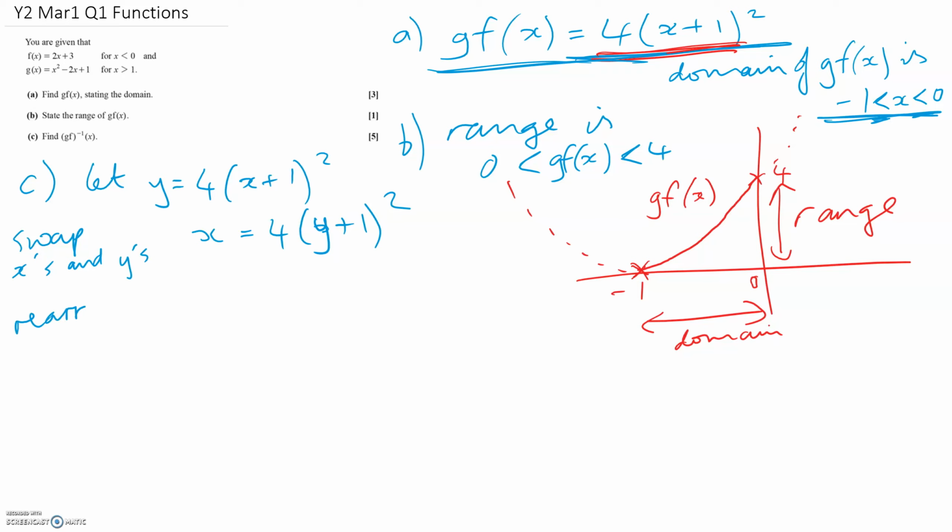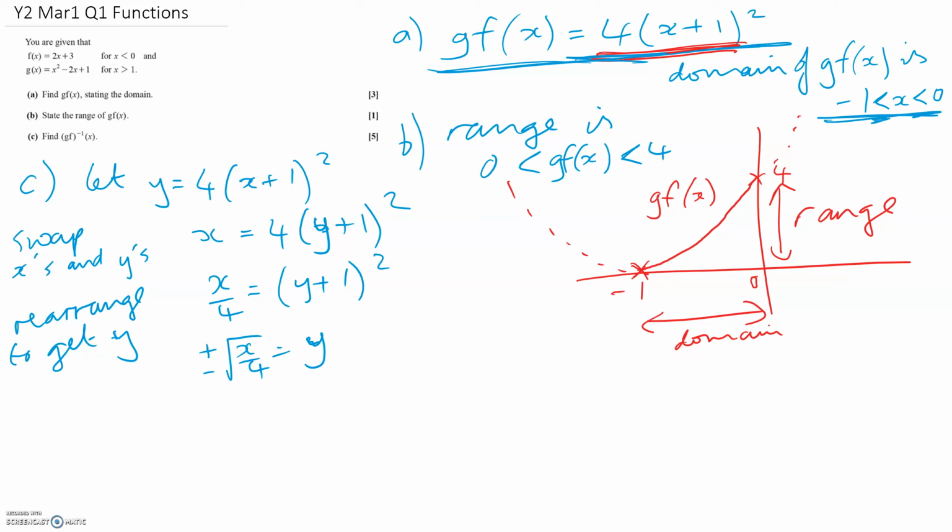So rearrange to get y. To do that, we'll do x over 4 equals this. Then we'll square root. So if we square root everything, we're going to need a plus and a minus. And then we could get y on its own.